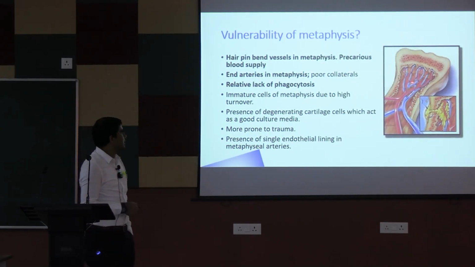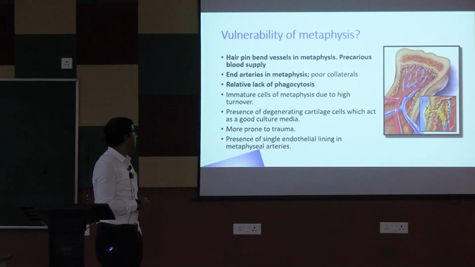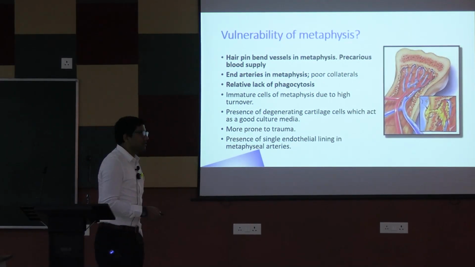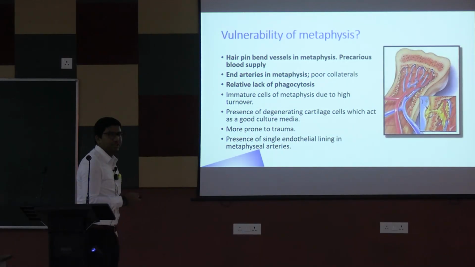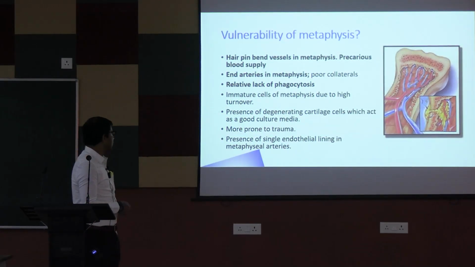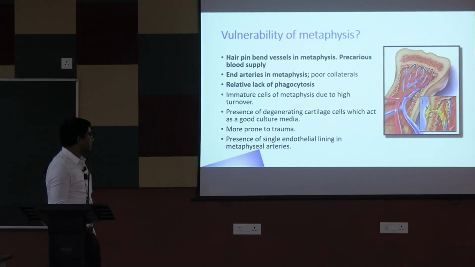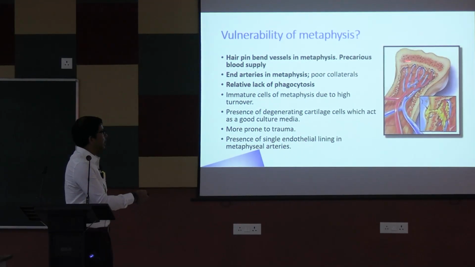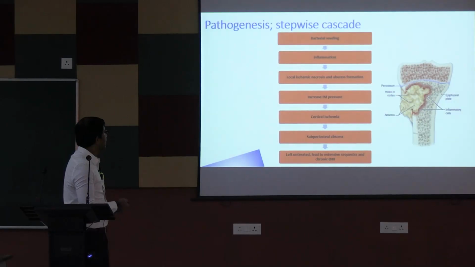Another important factor is the relative lack of phagocytosis here, so the organisms can potentially survive and thrive. This region is also more prone to trauma, and the blood vessels have a single endothelial lining. These are all the risk factors that impart higher risk of infection in this region in hematogenous osteomyelitis.